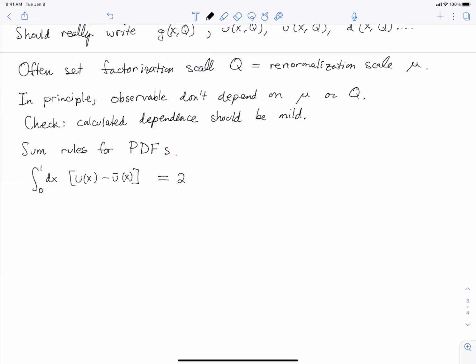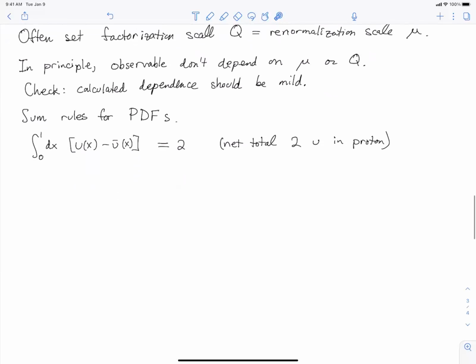All that's saying is that the net total of the proton has 2 up quarks. The net total meaning I'm integrating over all possible fractions of the momentum. Basically I can have up bars, but the only way to have an up bar quark in the proton is it comes with a virtual up quark along with it. So if I subtract that off, I should get the 2 that tells me there are a net 2 up quarks in the proton.